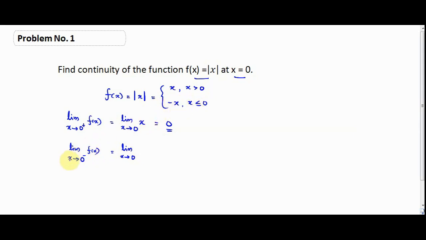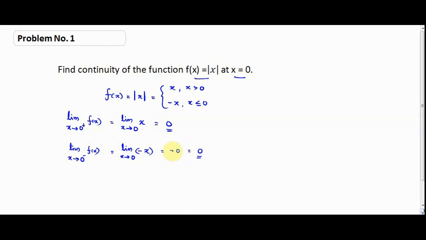As per this definition, f of x is equal to minus x for all x values less than 0. So let's replace f of x with minus x here. We may rewrite the left hand side as limit x tends to 0 of minus x. Now when you substitute x equal to 0 here, we get minus 0, and that is equal to 0 itself.